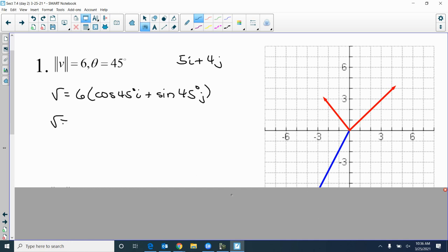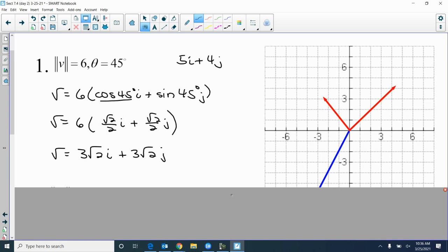So now V equals 6 times square root of 2 over 2 times I plus square root of 2 over 2 times J. Distribute the 6, and you get 3 square root of 2I plus 3 square root of 2J. It should make sense that both have to be positive because it's quadrant 1. You have to move to the right and move up.